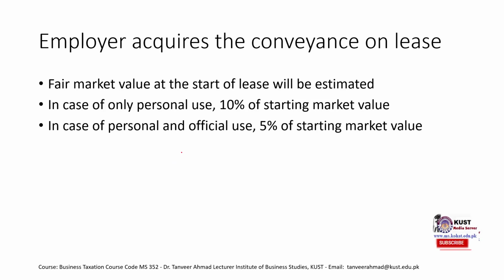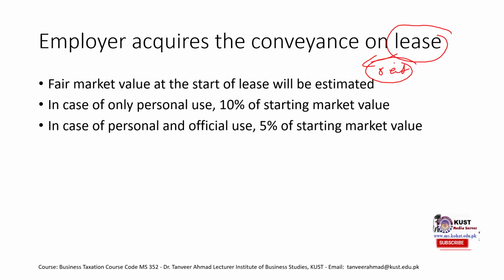Okay, the last one is if the employer acquires the conveyance on lease, right? Remember what lease is. Lease is an asset that is provided to the lessee by the lessor for some rent.